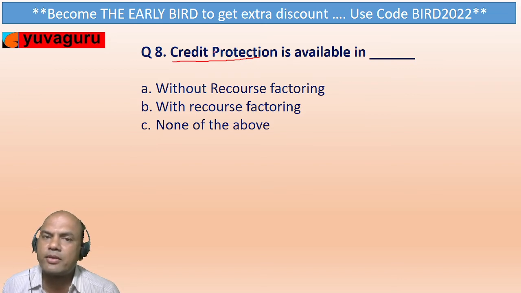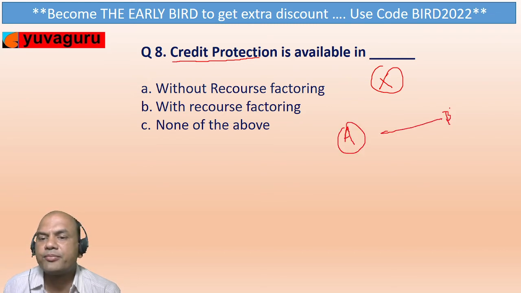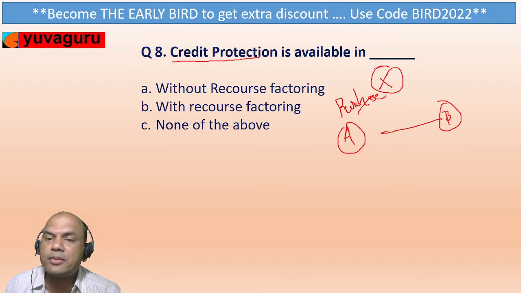So where will it be available? Quite logical. It will definitely be available in without recourse, because I don't have recourse to that. And who should go for credit protection always here? If I am the X bank, I am financing A and A is selling to B. Now I am purchasing his debts. If I am purchasing, who is taking the risk? Is A taking any risk? No. I am taking the risk as a bank.